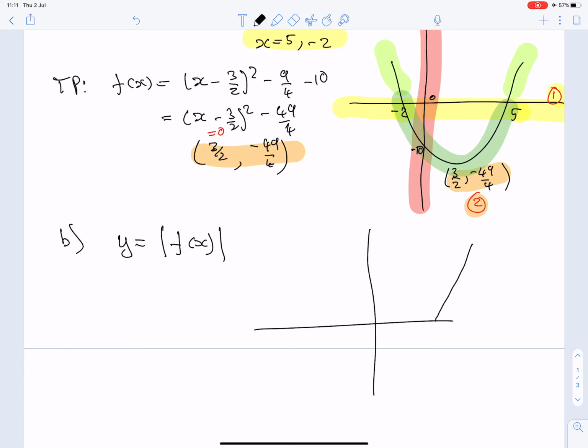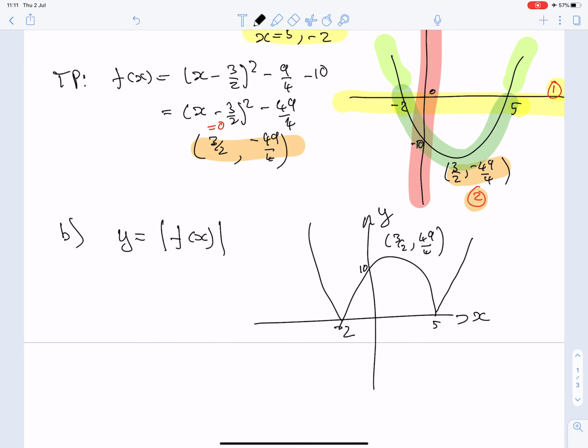Positive, reflected, positive. This was at 5, this is at negative 2. This will now be at 10 because of reflecting. And the x value is still 3/2, and this is now going to be 49/4 from the reflection.